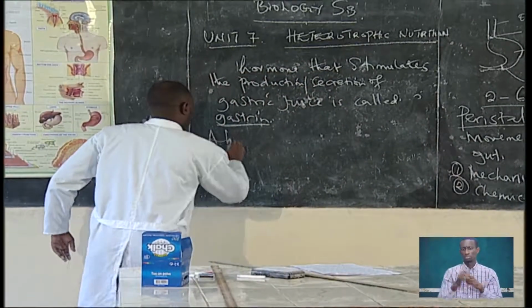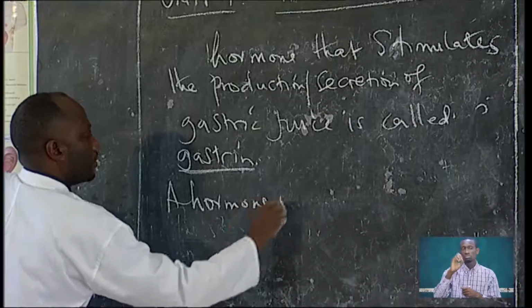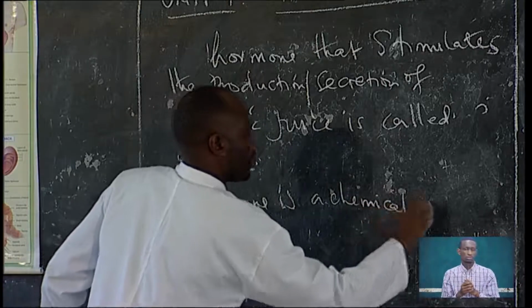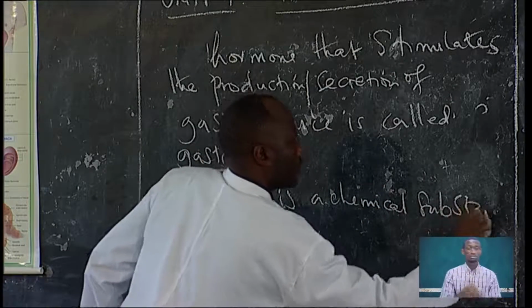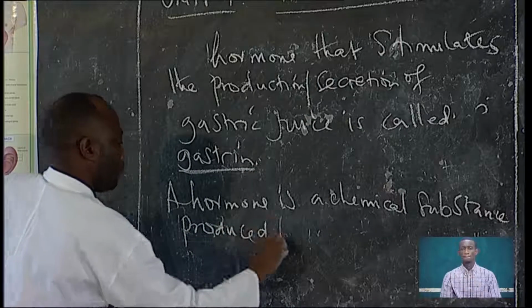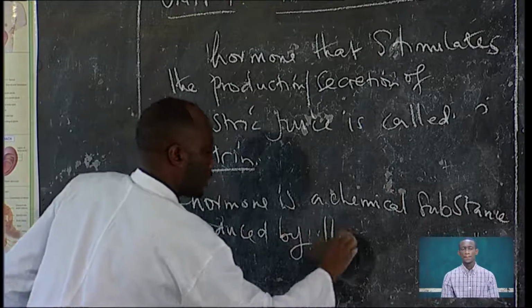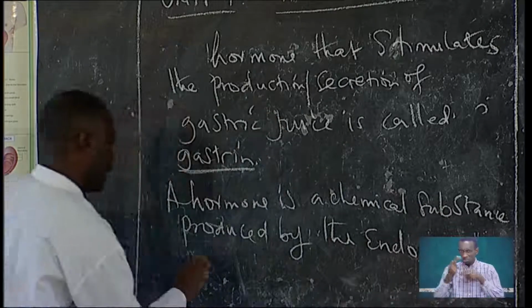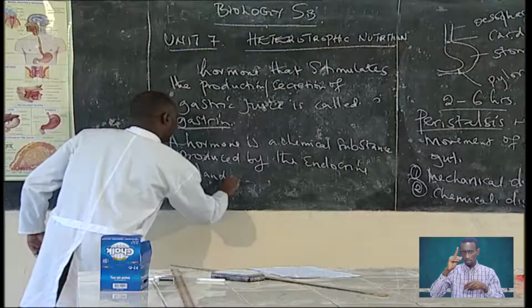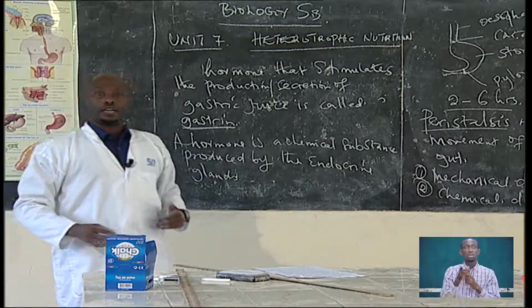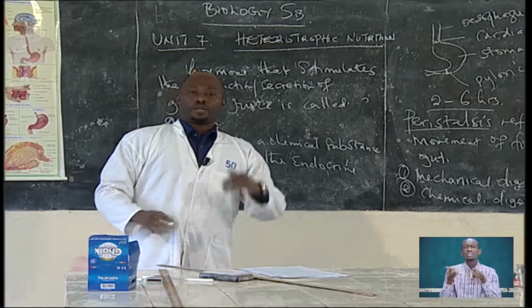A hormone is a chemical substance produced by the endocrine gland. Most endocrine glands produce chemical substances, for example hormones.